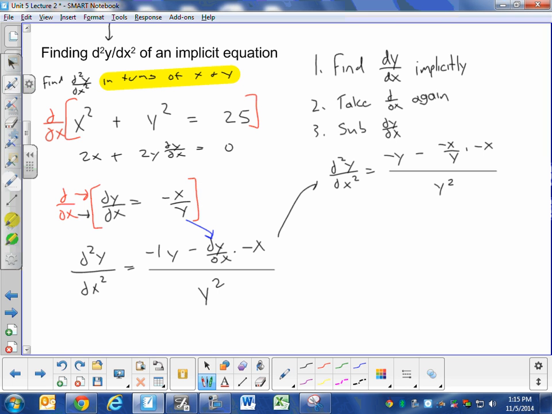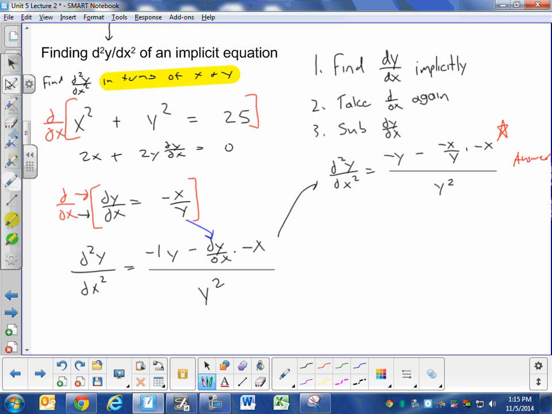And I got it. And that's an answer. That's a great answer. However, what do you think I can do? Simplify. So this is good. This is an answer.